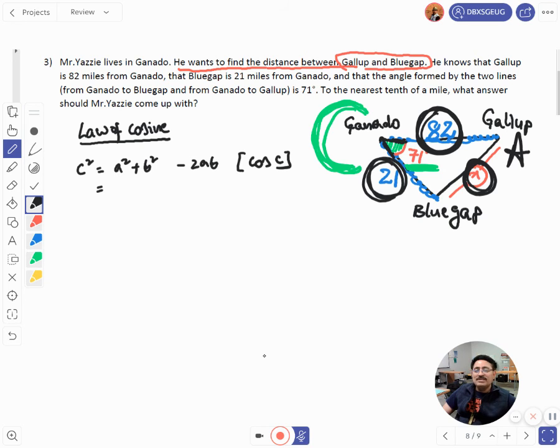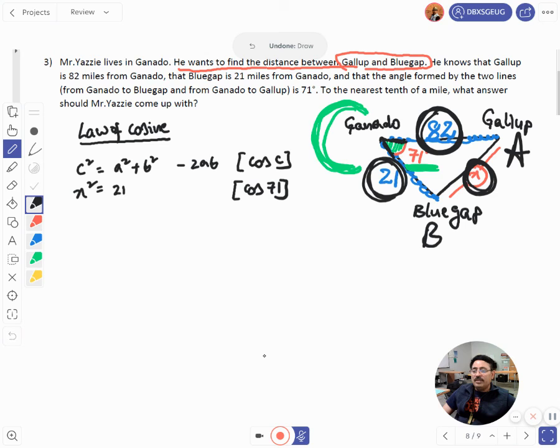So let me take this one as A, this one as B. Too messy, no problem. So the angle goes here, which is 71. Therefore, let me write that here: cos 71, then C squared means opposite to C, that is x. Therefore, x squared equals, A means opposite to A, I see that 21.